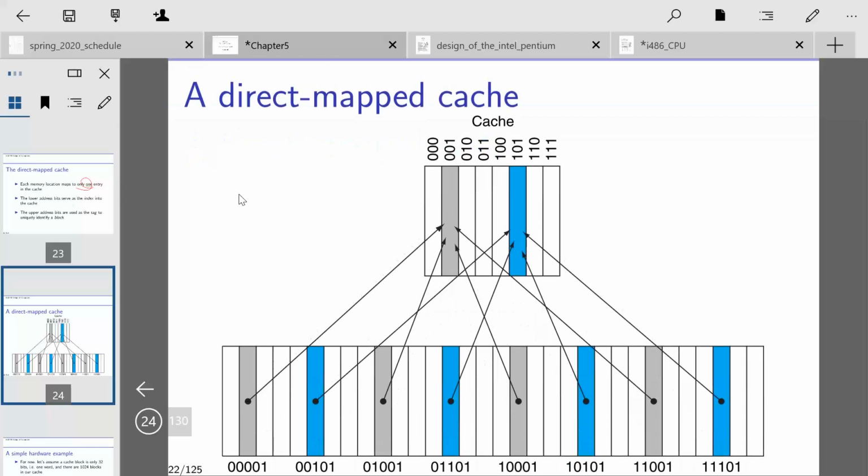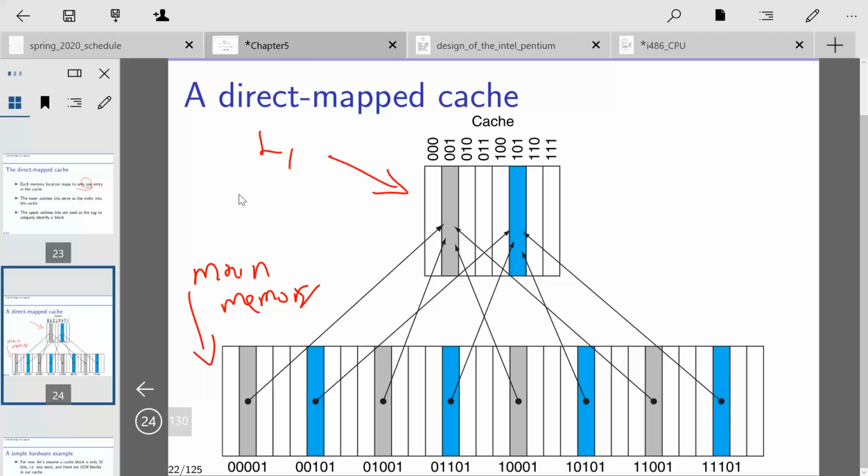Here we go. For now, let's just assume there's only one level of cache, so this is main memory, and this is your level 1 cache. Here we have blocks of data inside our level 1 cache, and in our main memory, we divide the main memory up into the same size of blocks.